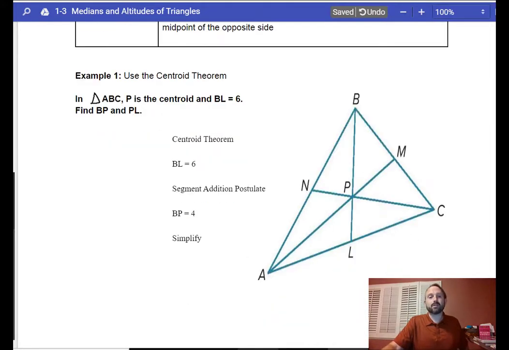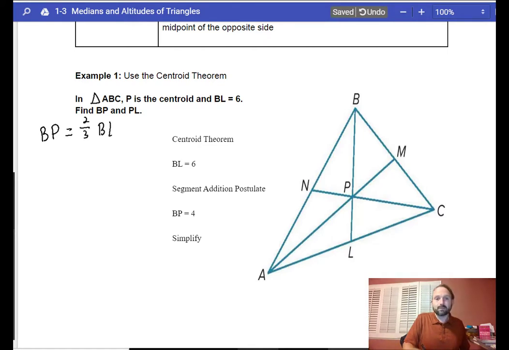Use the centroid theorem. In triangle ABC, P is the centroid, and BL is 6. Find BP and PL. All right, well, we understand that BP is going to be equal to 2/3 of BL.